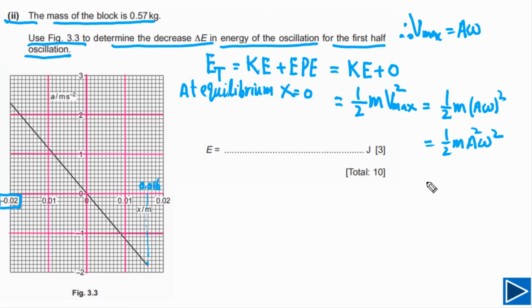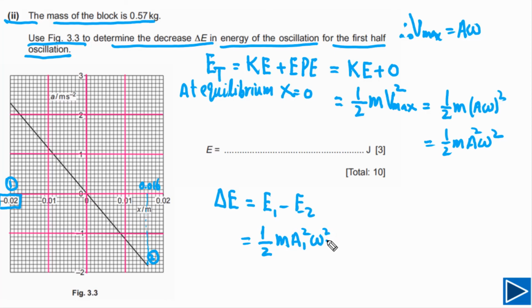Now for this question we have to find out decrease in energy, means we need to find out delta E, and delta E will be equal to E1 minus E2. E1 means we are talking about this point, and this is our second point. So E1 is equal to 1/2 m A1 squared times omega squared.